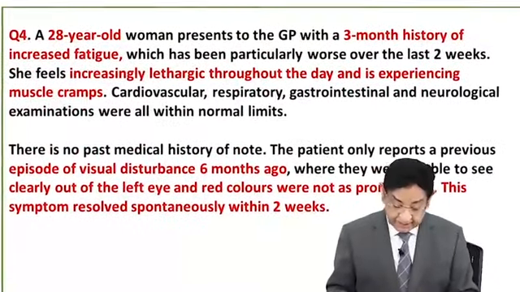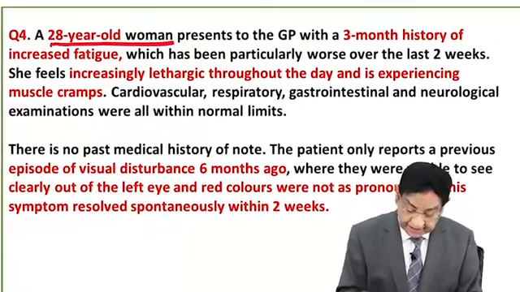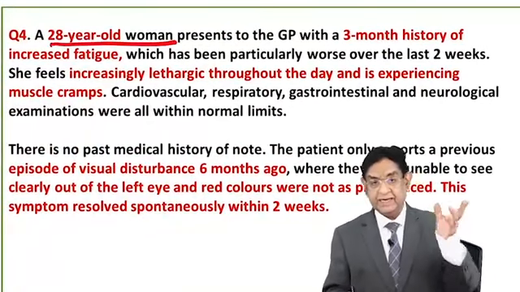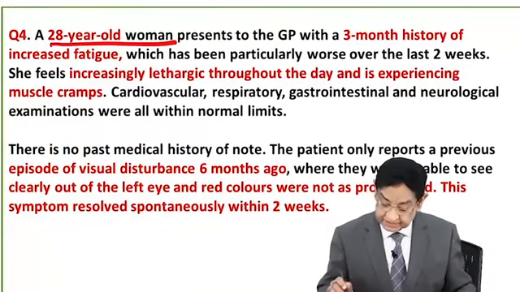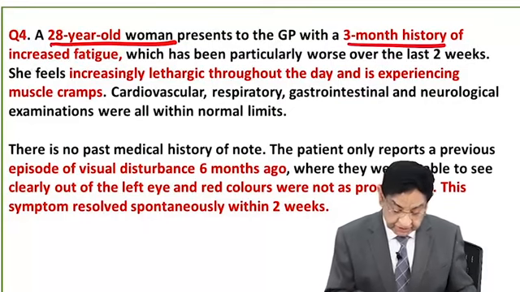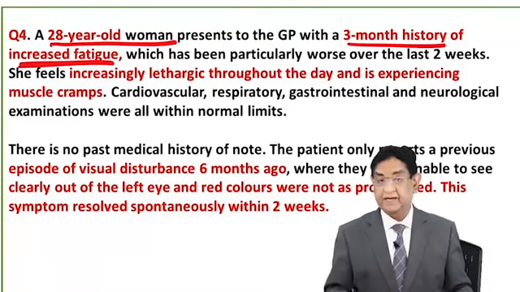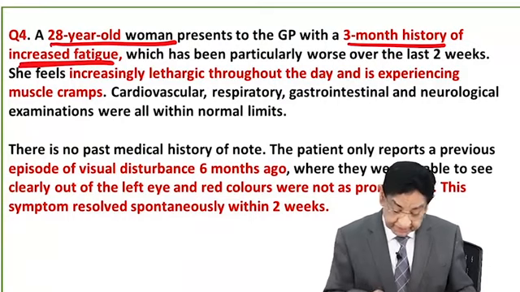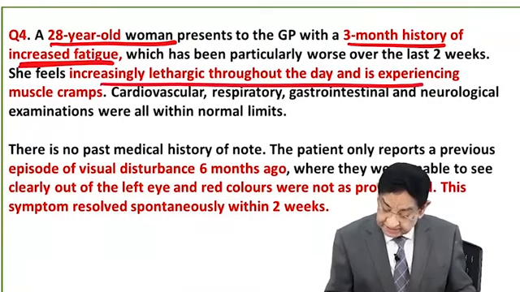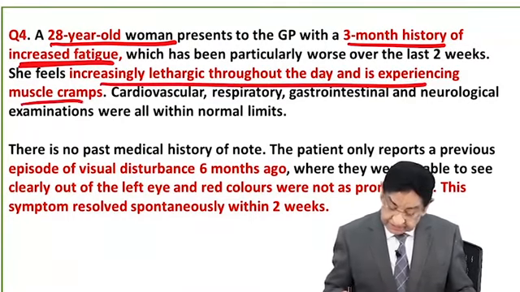Question number 4. Again a 28-year-old lady. Point to be noted, we are getting a lady between 20 to 40 years. She has a 3-month history of increasing fatigue, lethargy and muscle cramps.